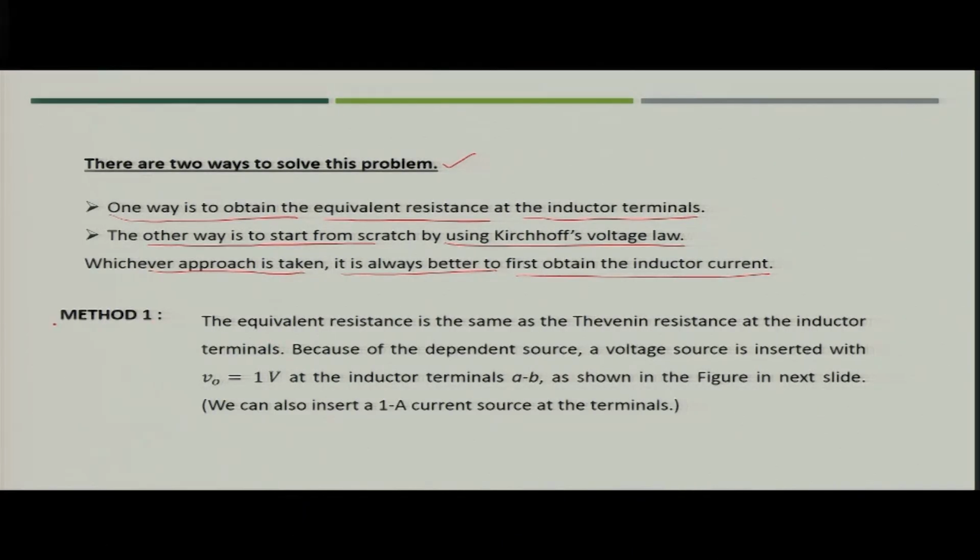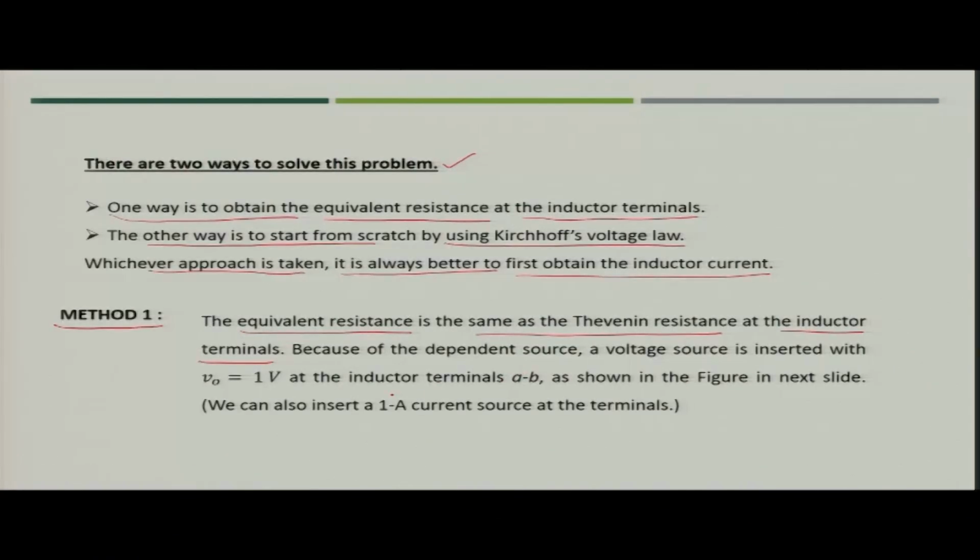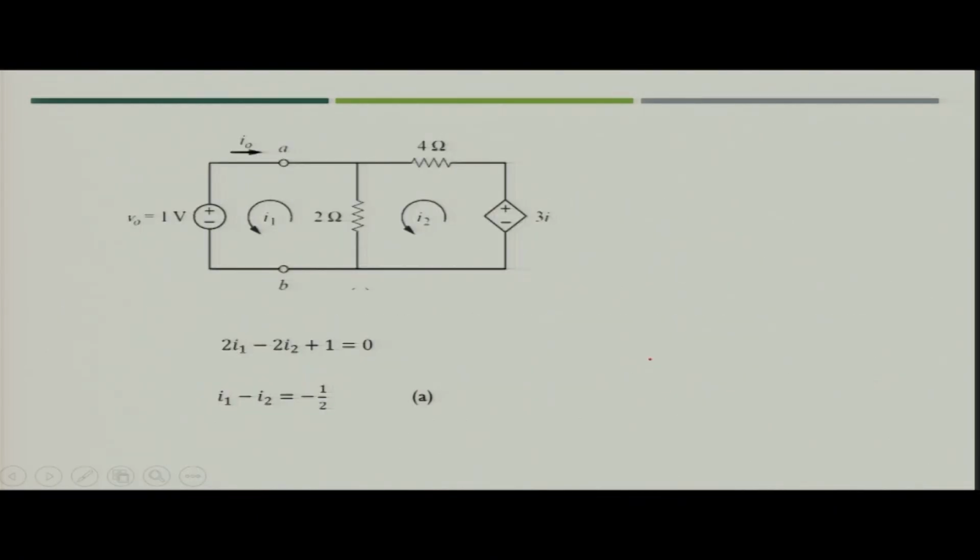Now, in the first method, the equivalent resistance is the same as the Thevenin resistance at the inductor terminals. Since we have a dependent voltage source available in the circuit, what we can do is use a voltage source, let us say of 1 volt, at the inductor terminal AB, which is shown in the next slide.